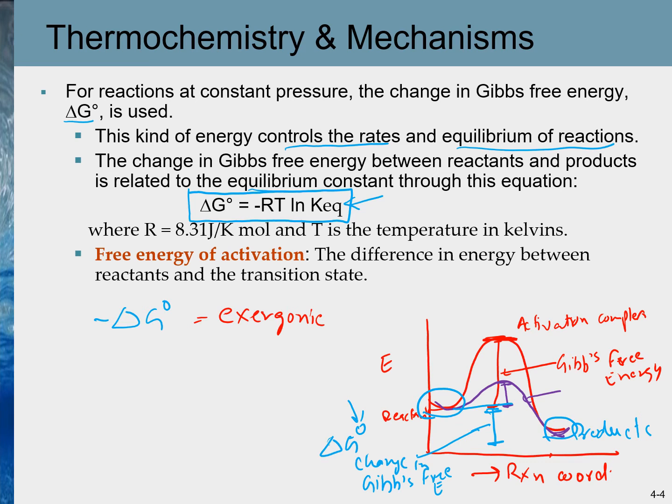Now, if delta G is negative, the reaction is known as exergonic, and those reactions in which delta G value is positive are known as endergonic reactions.